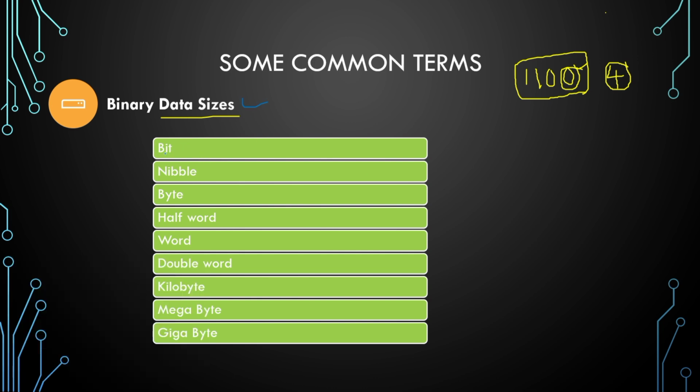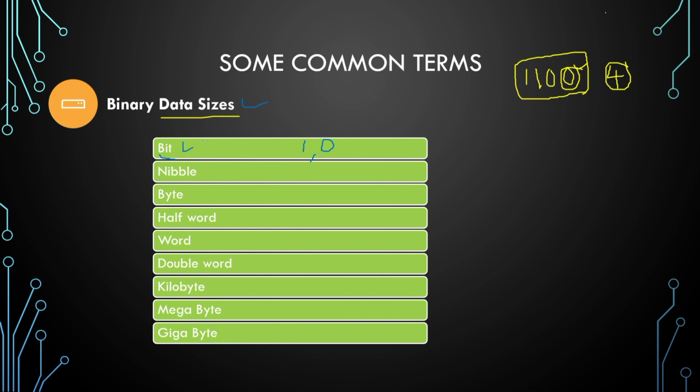First we have bit. A bit is nothing but a single digit, that is either 1 or 0. Whatever we were calling 4 digits, 4 symbols, 4 representations, that is nothing but our bits.